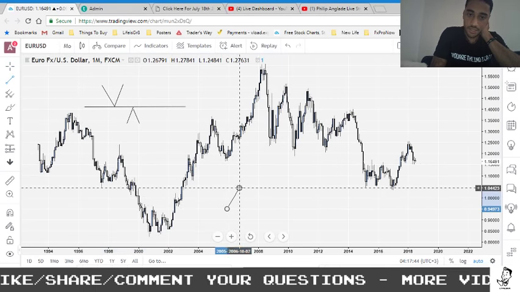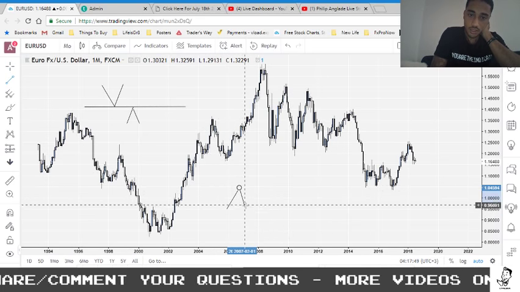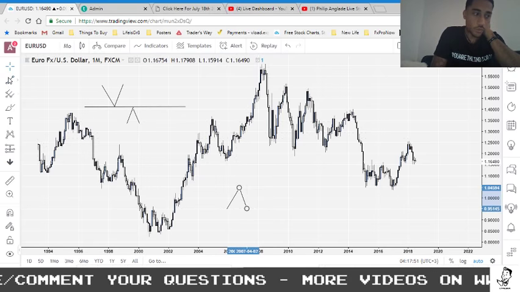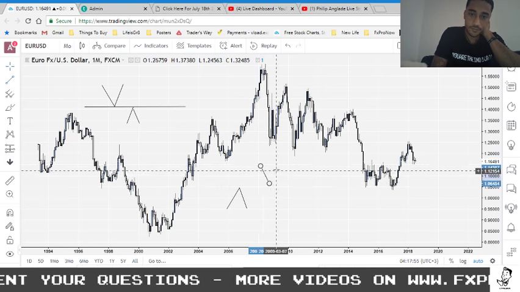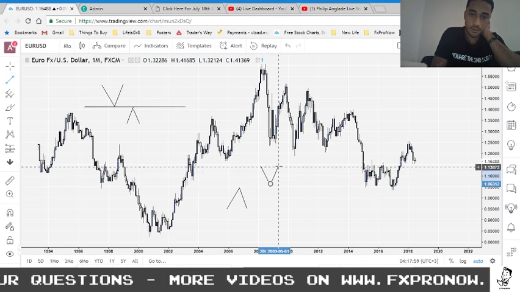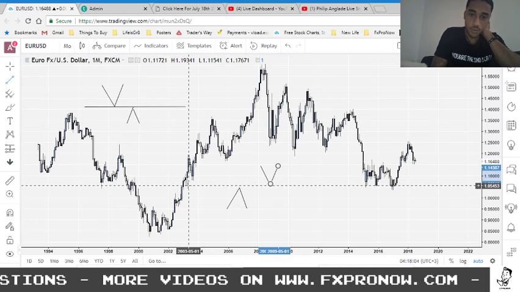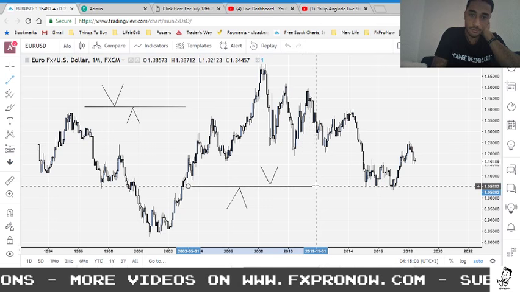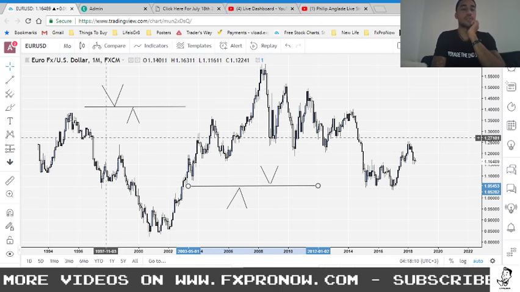The second situation will be a gap, where it doesn't really hit both of them. There'll be a gap in between, as far as support and resistance.